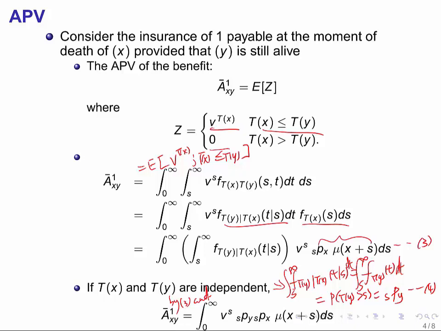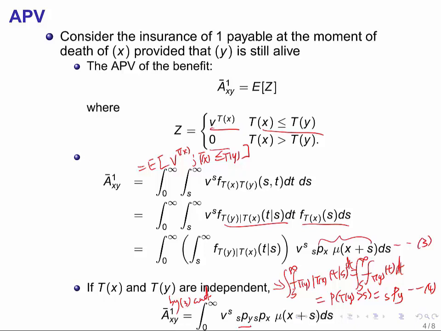And there's also some intuitive interpretation for this formula. If we just consider any time s, the expected present value of the cash flow at time s is, if there's payment, the probability is that the first death occurs at time s. That's the probability that X dies at time s and Y dies after time s. So Y dies after time s, that's sp_y, the survival probability for Y. Then X dies at time s, that's the density of X at time s.